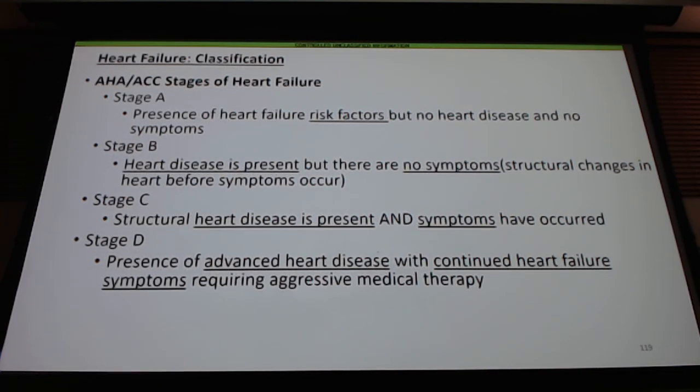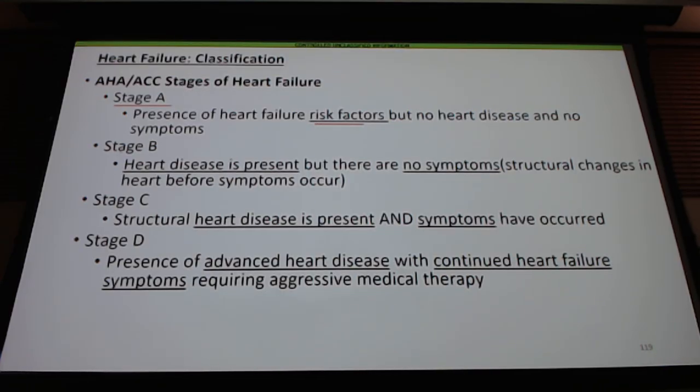And then when we talk about HAACC, we talked about how stage A heart failure is anybody who just has risk factors but does not have any structural or functional changes. They just have risk factors for developing heart failure in the future.